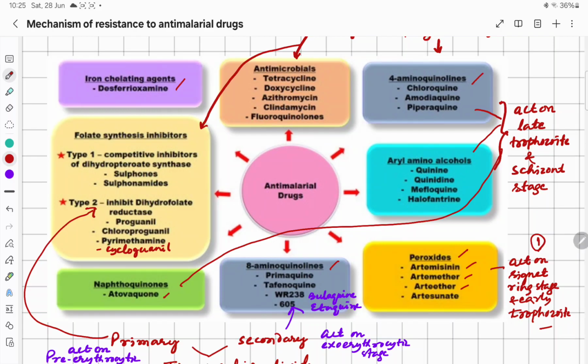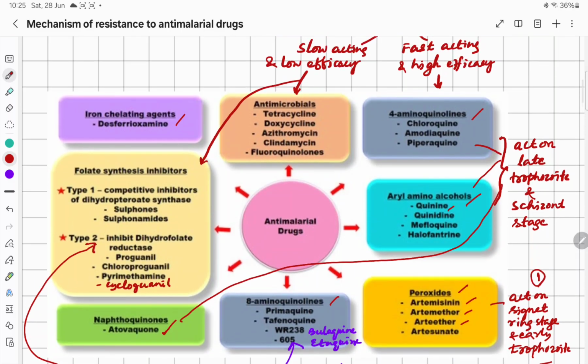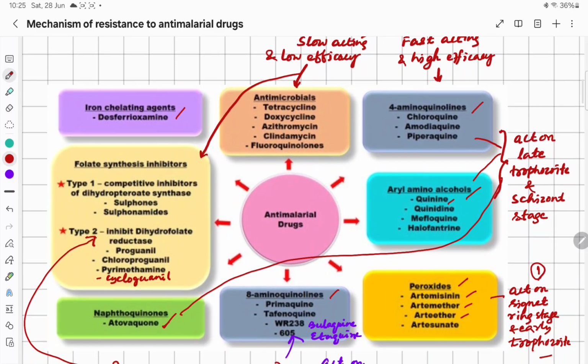They include the 4-aminoquinolines, aryl amino alcohols like quinine, and naphthoquinones like atovaquone. And the second group, the slow acting and low efficacy drugs, include the antibiotics like doxycycline, clindamycin, and the folate synthesis inhibitors, the sulfonamides, proguanil, pyrimethamine, cycloguanil, etc.